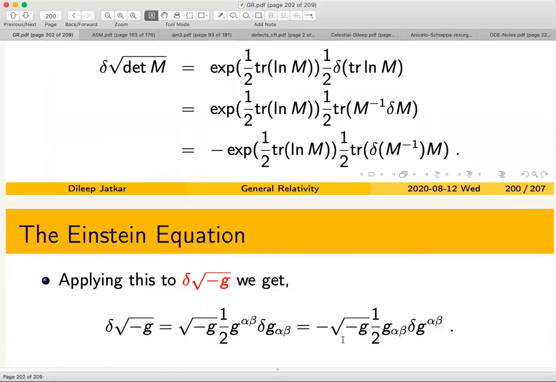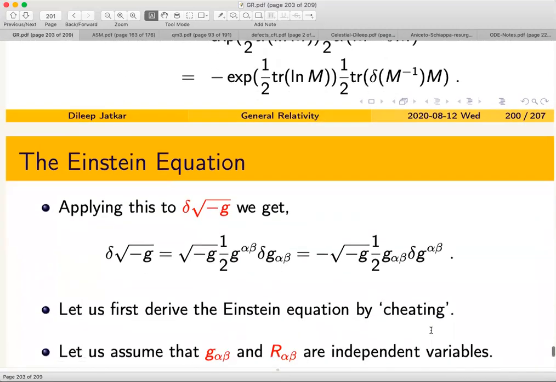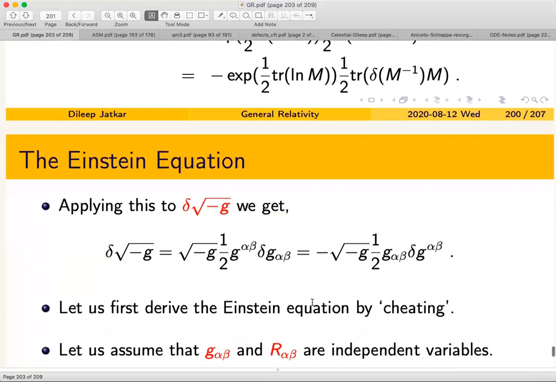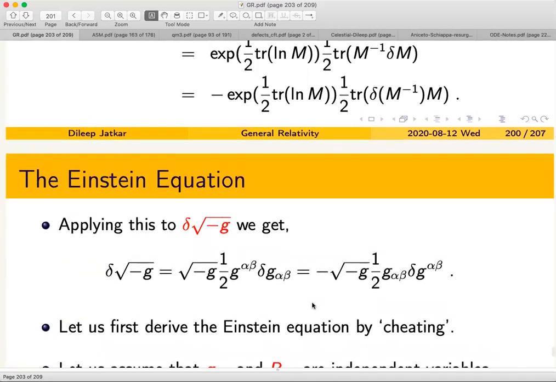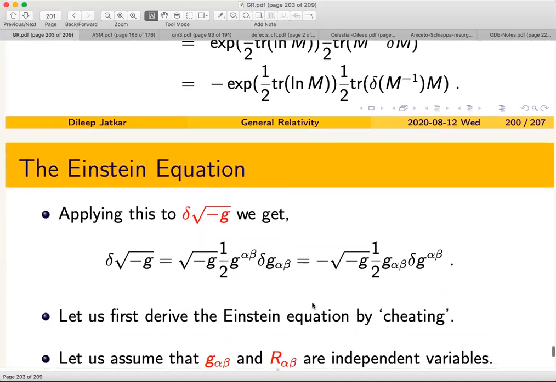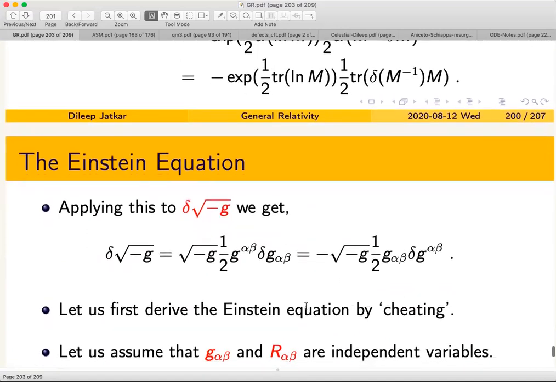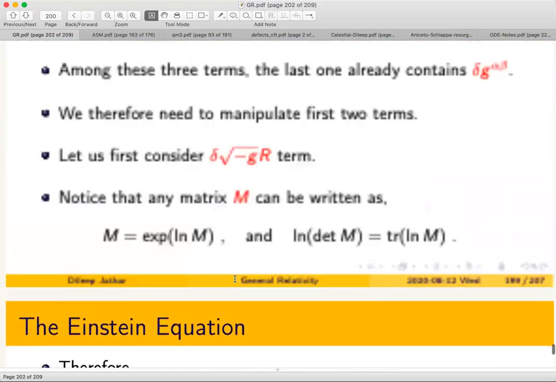You just trade it off by exchanging these indices. So we will use this expression and do a bit of cheating to get our Einstein equation first, and then we will try to justify whether that was cheating or not. So what we will do is the following. Remember we have this equation.